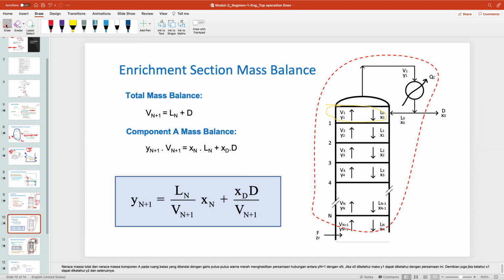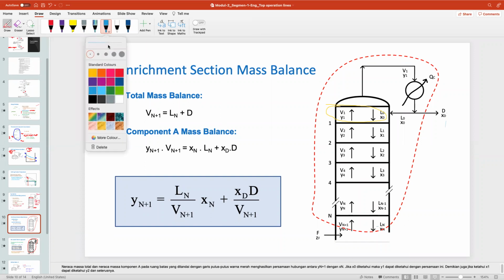So again, we are going to write the total mass balance. The total mass balance is very important. So for the enrichment section, let's look at the total mass balance from this envelope. Let's first look at the streams that are leaving.